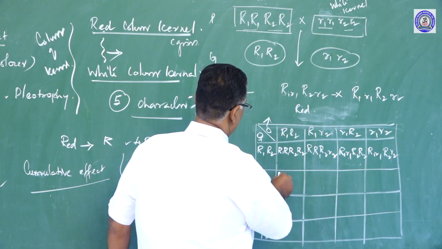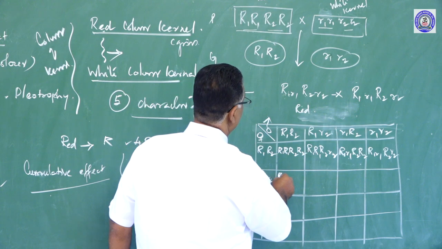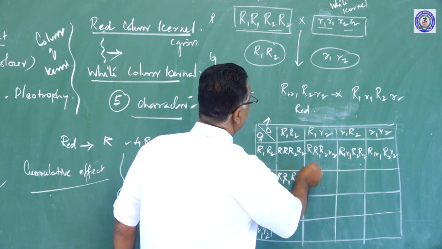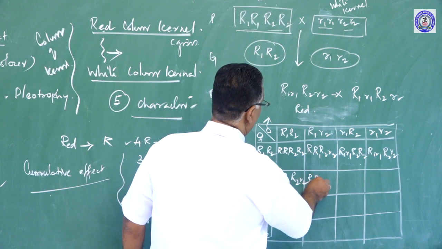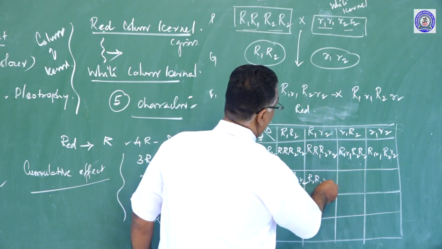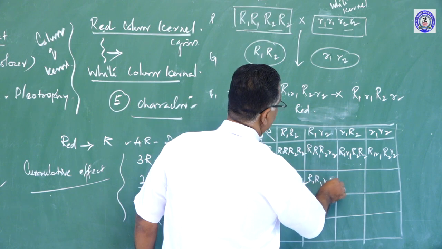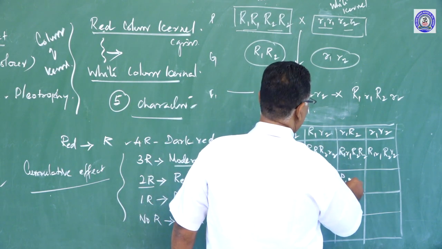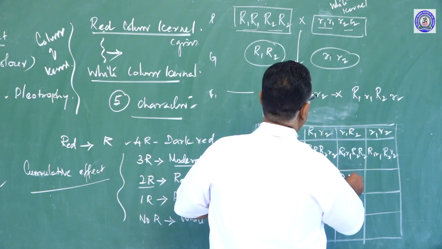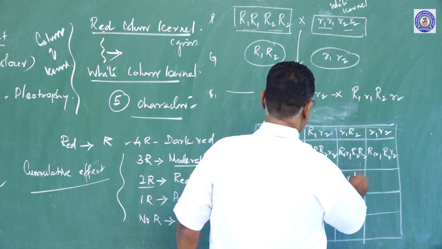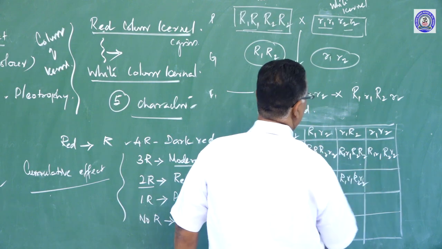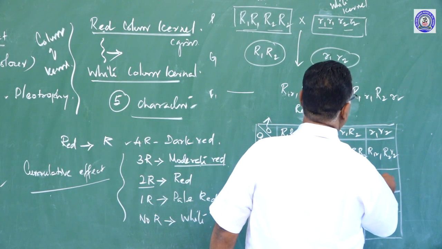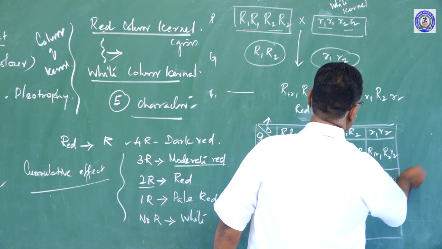Then the next row, capital R1 capital R1 capital R2 small r2, capital R1 capital R1 small r2 small r2. Then third, capital R1 small r1 capital R2 small r2. Then the fourth one in this row, capital R1 small r1 small r2 small r2.